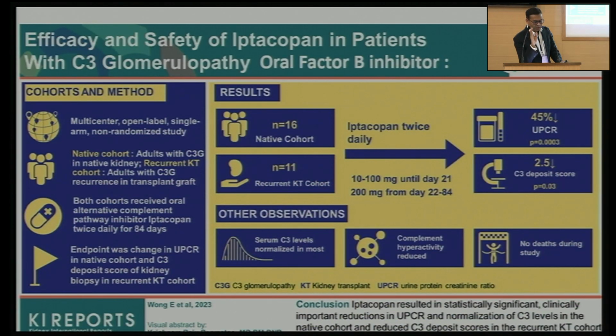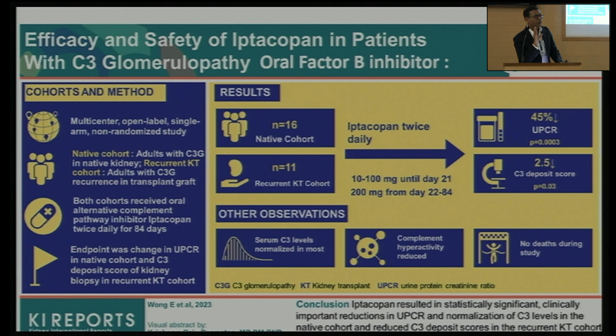Coming to Iptacopan, this is a factor B inhibitor, and this is a phase 2 trial in 27 patients, both a native cohort and recurrent kidney transplant patients. There was significant reduction in proteinuria and C3 deposit score, improvement in C3 level and complement activity, and no death during the study.